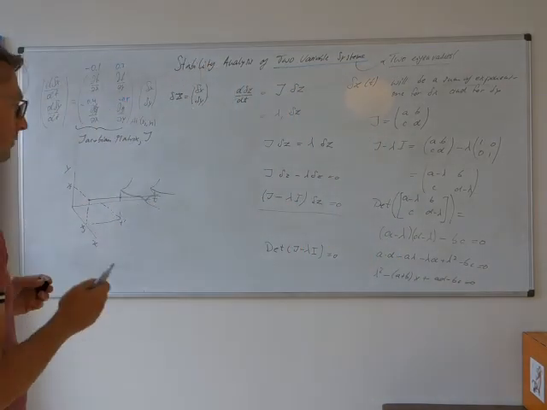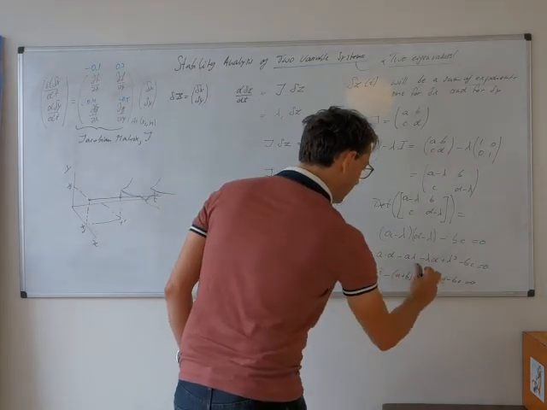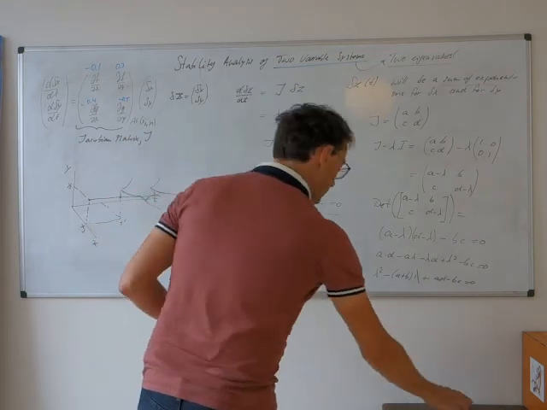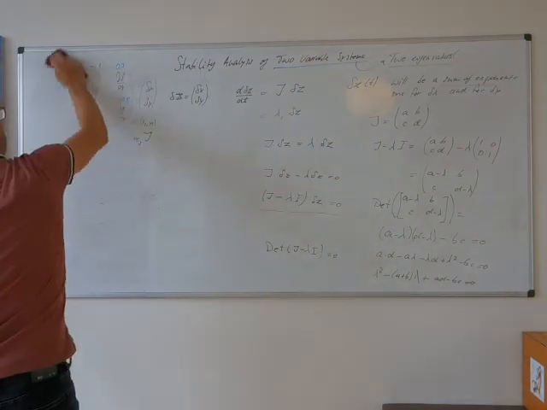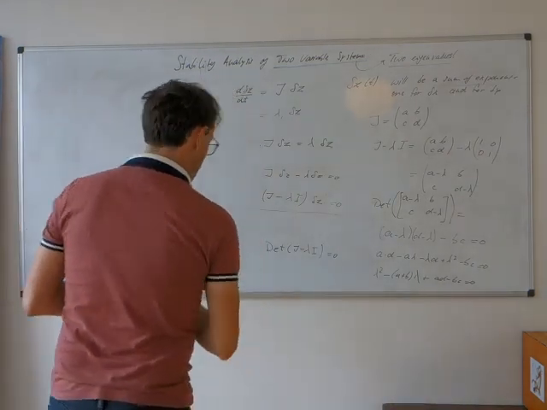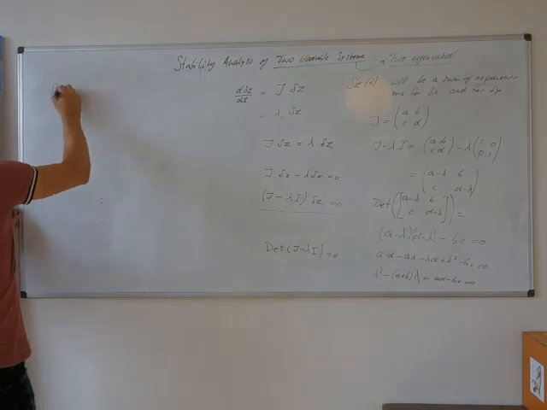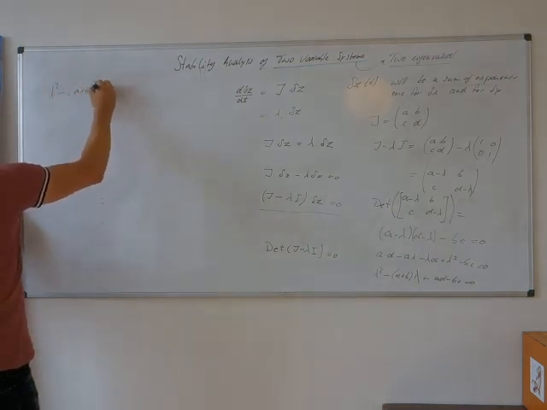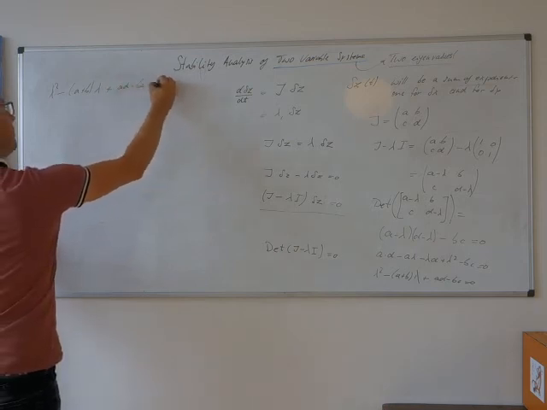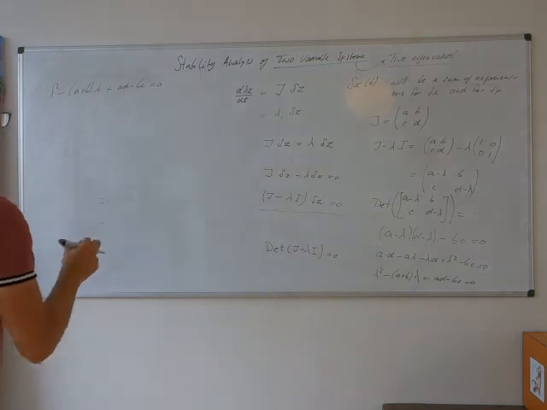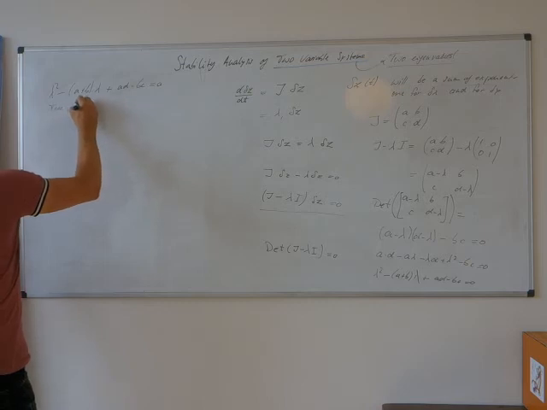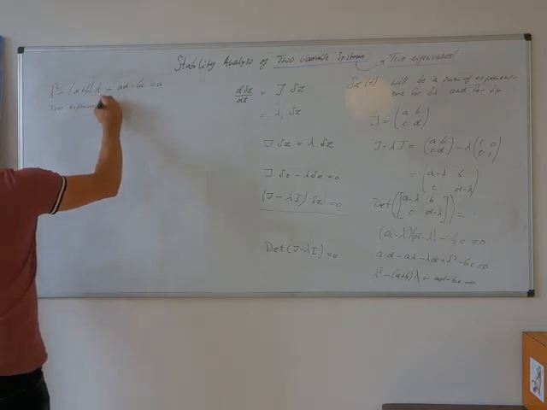Okay, so apparently lambda is a solution to this equation. So the eigenvalue that we are interested in is a solution to this equation. But it has two solutions, right? It's quadratic, so two eigenvalues exist.